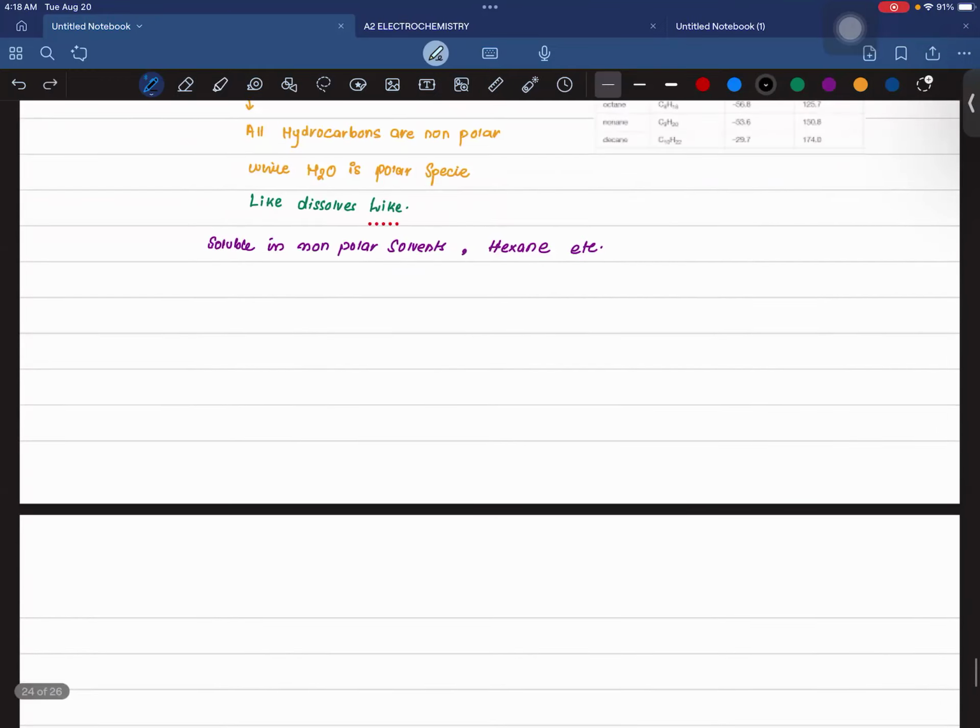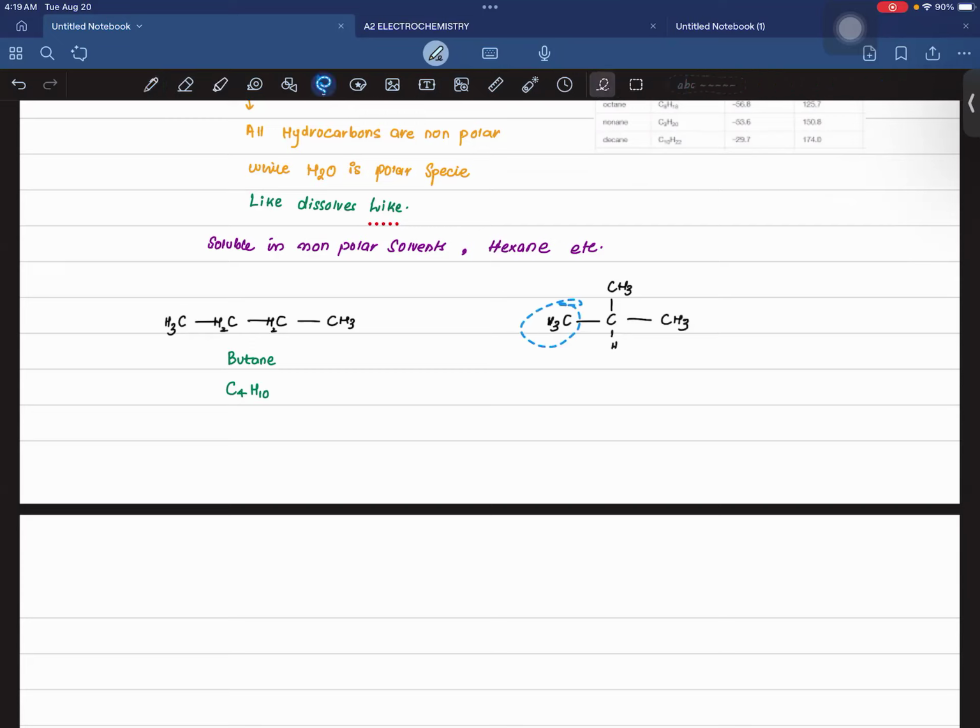And also one thing I should tell you: let's suppose you have two compounds. This is butane, formula C₄H₁₀.